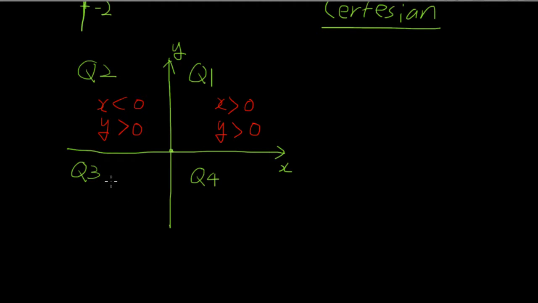In the third quadrant, x must be negative and y must also be negative. In the fourth quadrant, x is positive, yet y is negative. So that's the general sign of x and y for these 4 different quadrants.